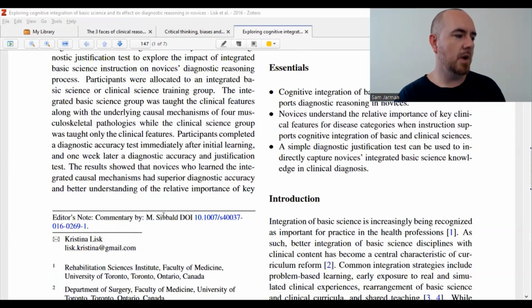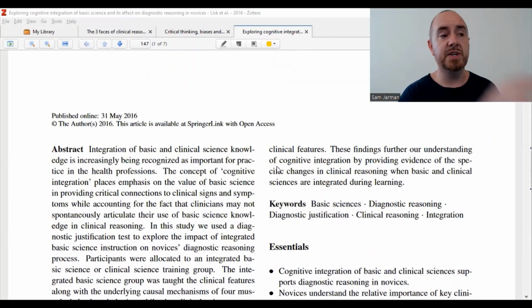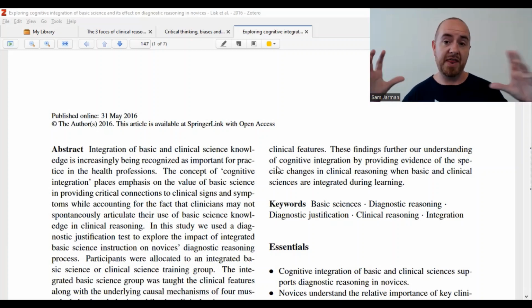So the results showed that novices who learned the integrated causal mechanisms had superior diagnostic accuracy and better understanding of the relative importance of key clinical features. So that integrated approach, integrating the thing that you want as your central piece of meaning with information about it on a basic level, improves performance at delayed periods, or after the fact.